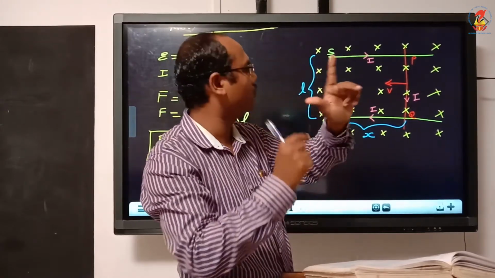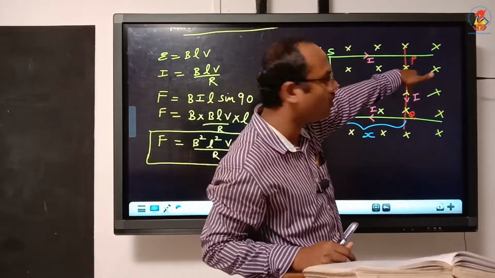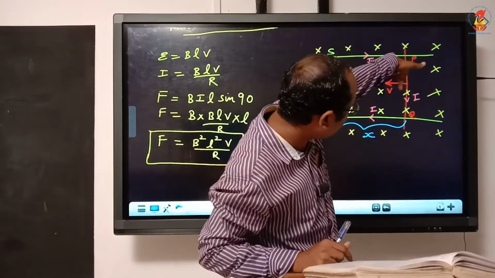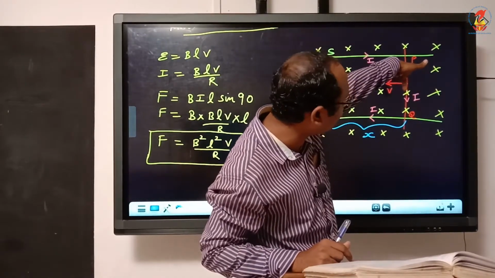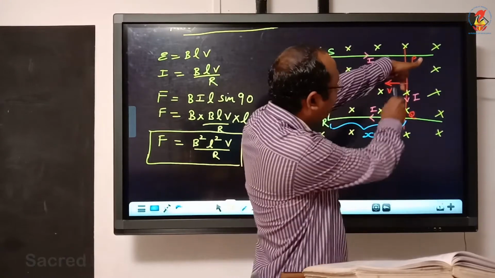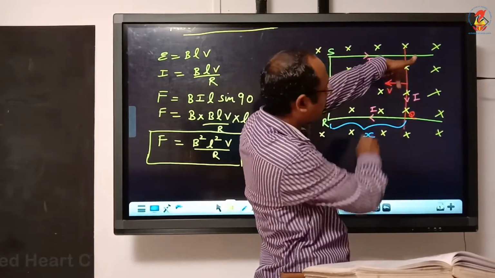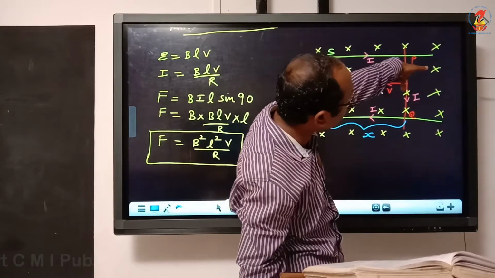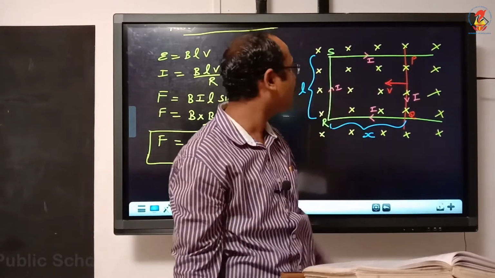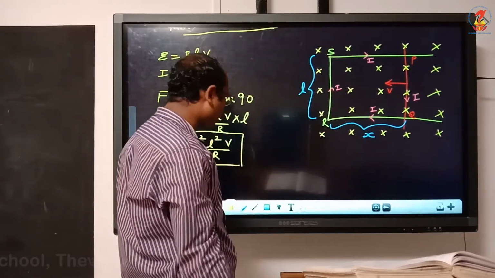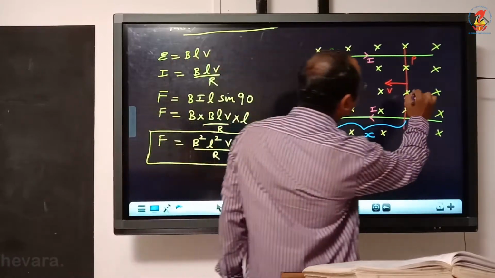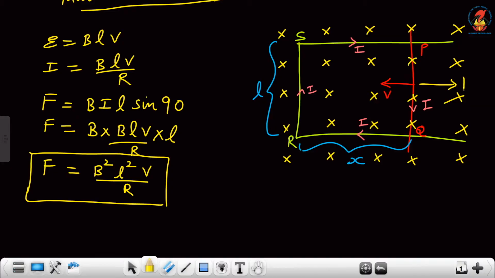Thumb will show the force. So look how I am doing. I kept the forefinger into the board and the middle finger is downward, which shows the direction of the current, and the thumb is towards right. That means a force will be experienced on the conductor which will act towards right.